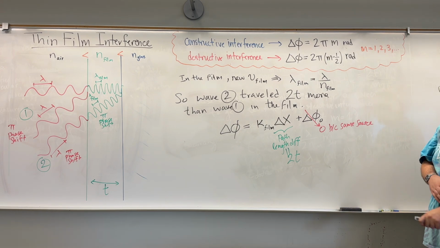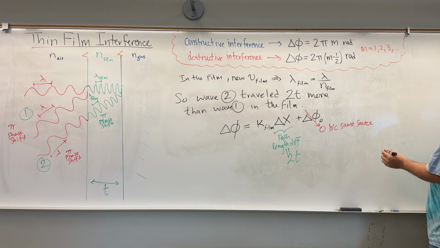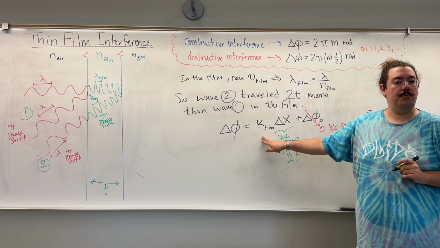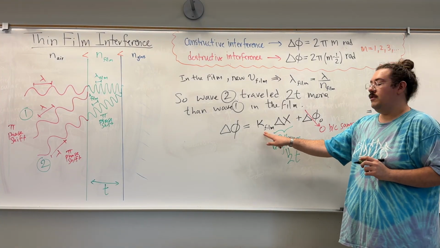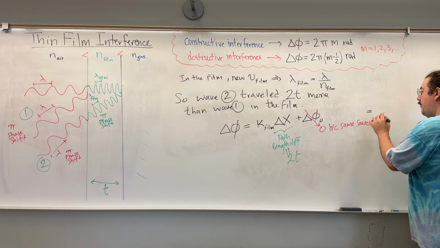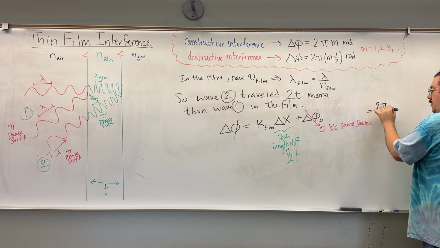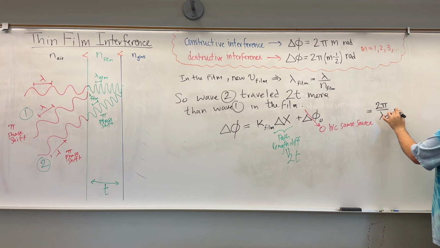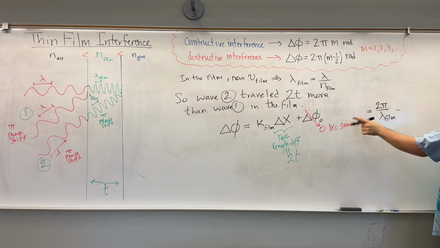Okay, so let's write down what happens if we put in our 2t. We know k of the film is the wave number of the wave in the film. That's 2 pi over lambda of the film. And our path length difference is 2t.